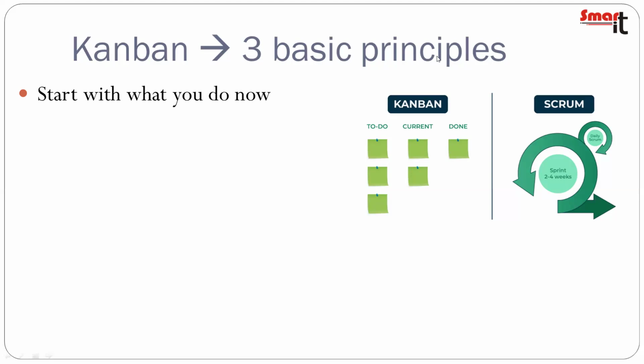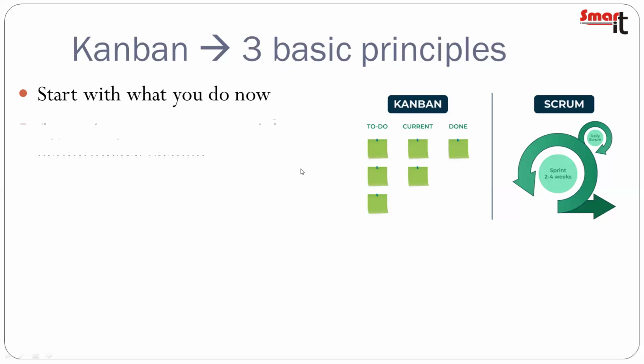Or we say we want so many resources to start, and everything must start newly. But Kanban has a very simple approach: start with what you have now. Currently, you have something. It doesn't mean you have nothing.